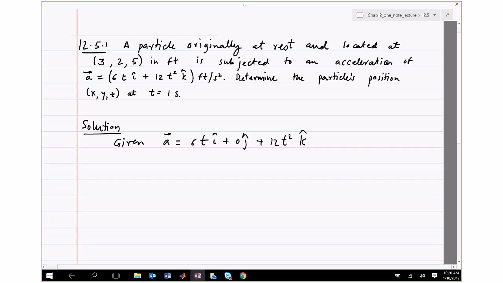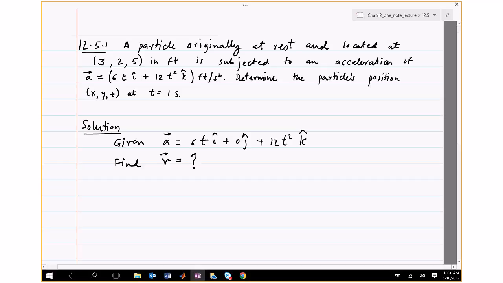This way it's much cleaner. So you're given a, and you're told to find the particle's position, so r is unknown. In order to find r, you need to find the relation between a and r. It turns out that velocity is the integral of acceleration and position is the integral of velocity. So you can then use that.